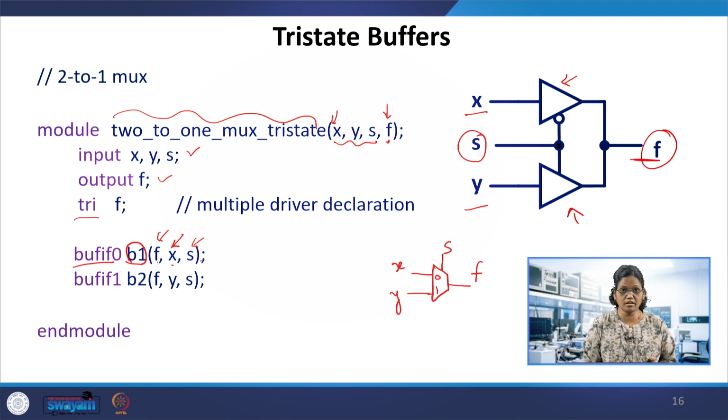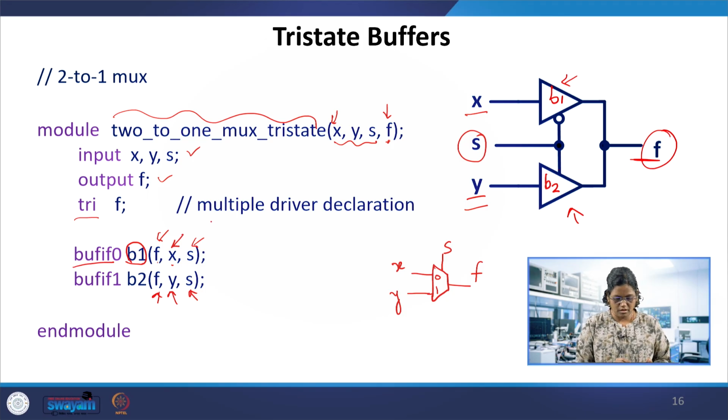F, X and S. Similarly buff F1, the second gate, this is B1 and this is B2. Buff F1, so the output is F again here. So F is driven by both the gates, and Y is the data input, and S is the select line or the enable line here.